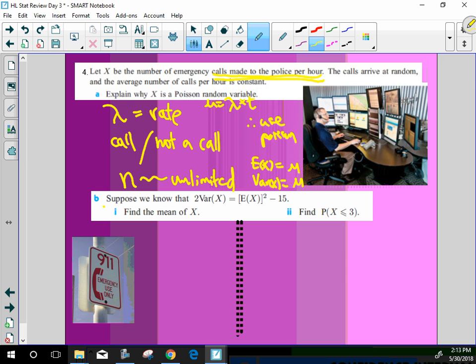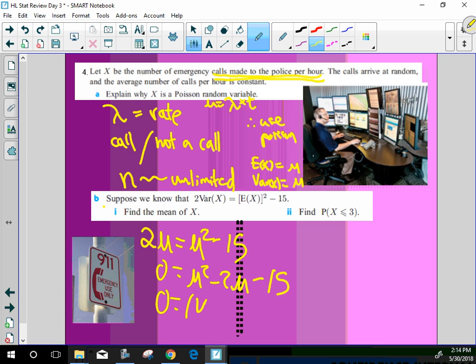Suppose we know that 2 variance equals E of X squared minus 15. We should be able to find the expected value because what's the variance? Mu. And what's the expected value? Mu. So could we put this on one side and solve for mu? I love this.